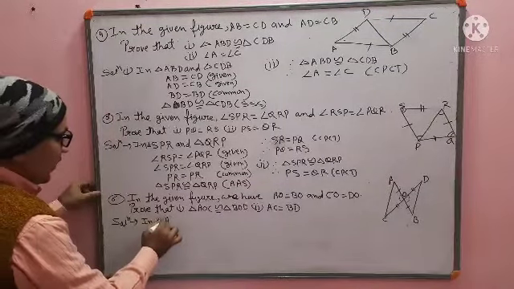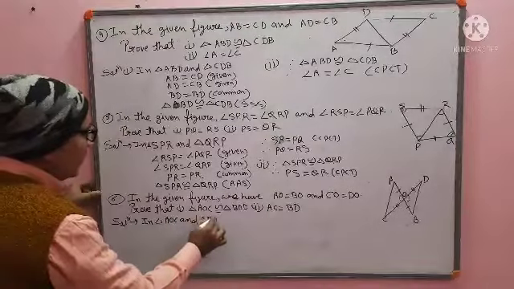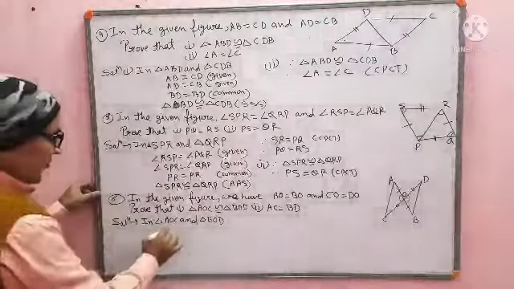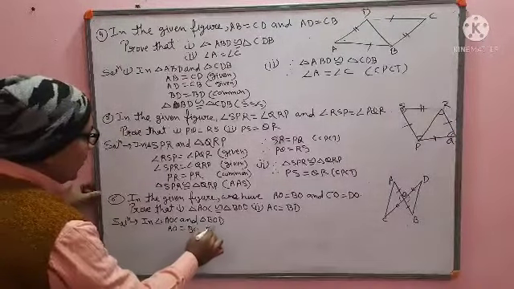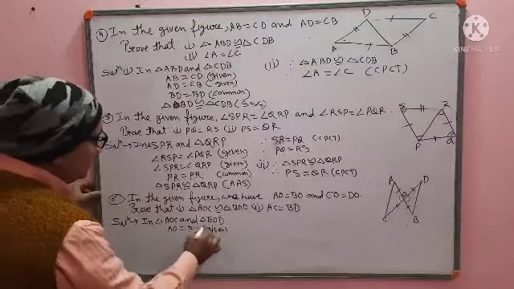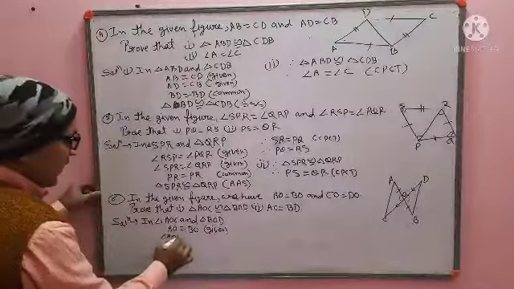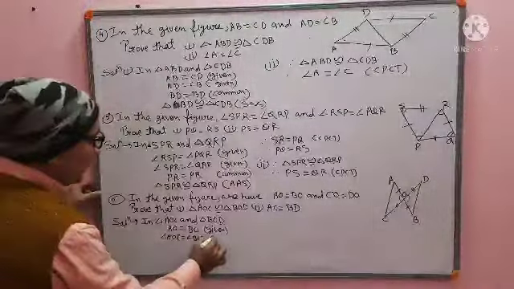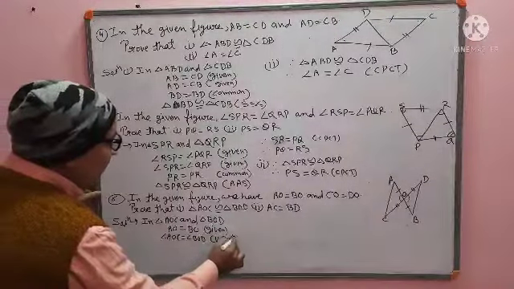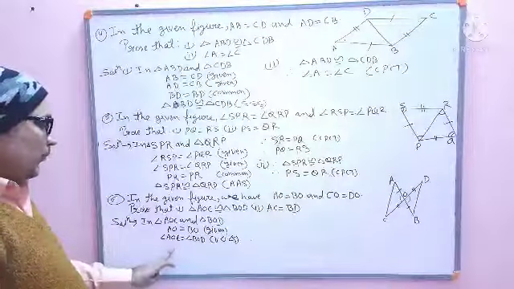See here. In triangle AOC and triangle BOD, it is given that AO is equal to BO. It is given. Angle AOC is equal to angle BOD, vertically opposite angles. This is the reason why these two angles are equal.